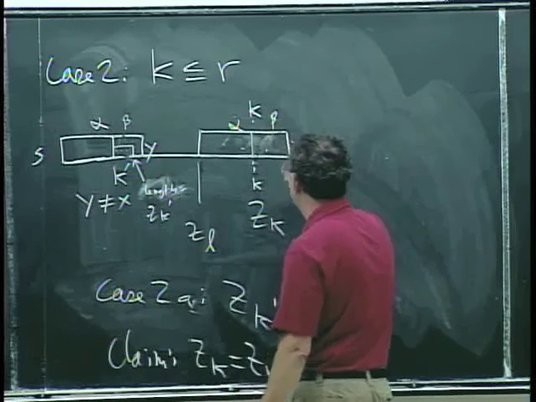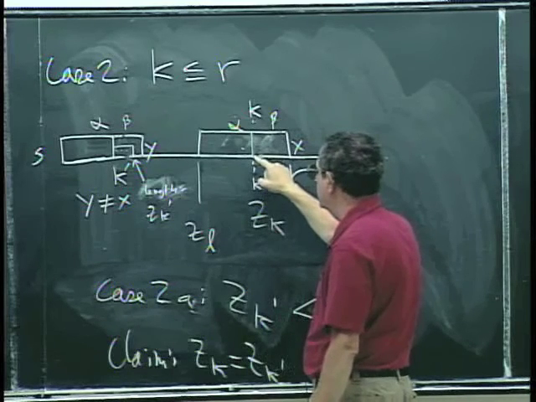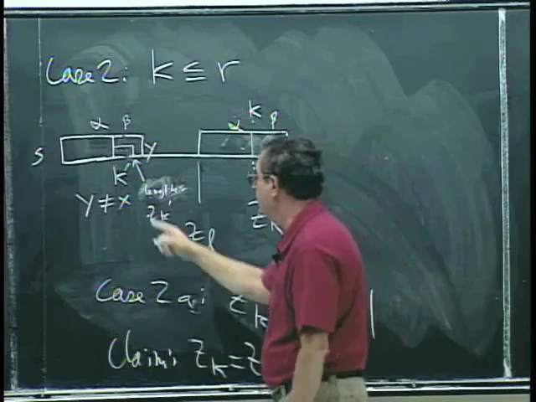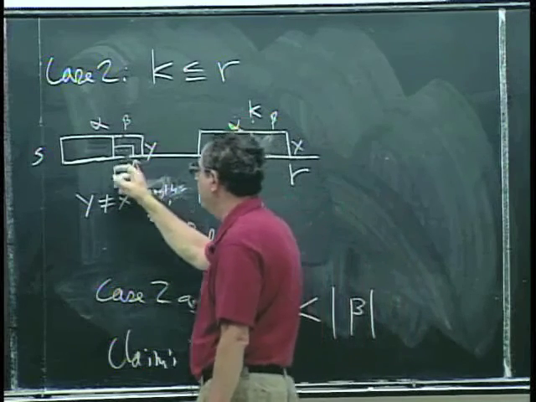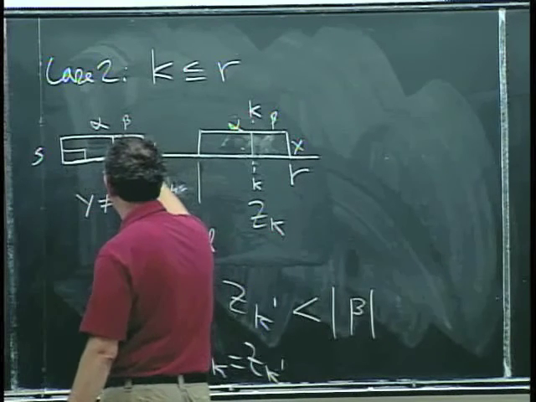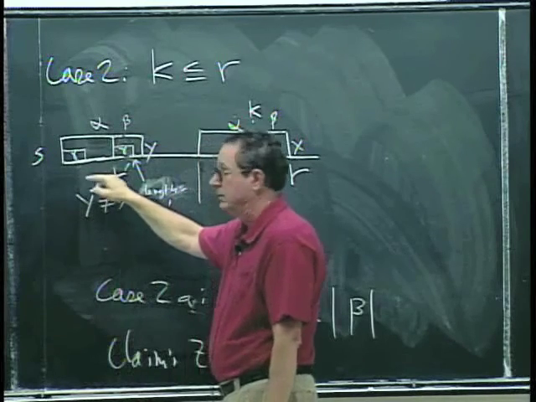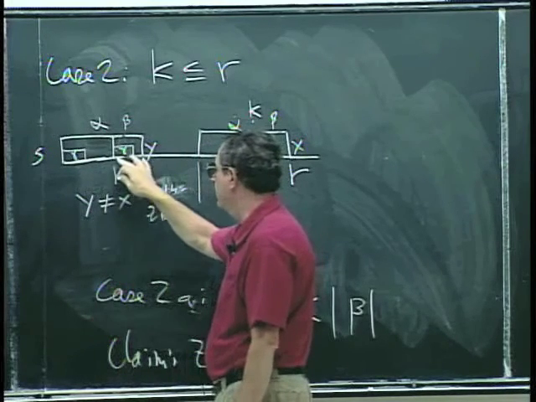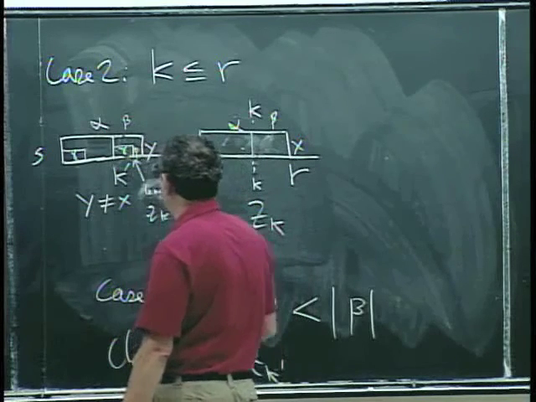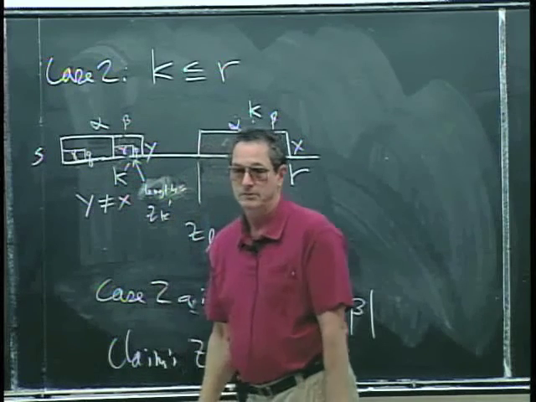Here's beta. We're looking for the longest substring that starts at position K that matches a prefix. ZK prime has to match a prefix. Whatever this is, call it gamma, there has to be an occurrence of gamma there, by the definition of ZK prime. This is gamma, this is gamma. Let's say the next character here is p. What's the next character over here? Q, not equal to p.